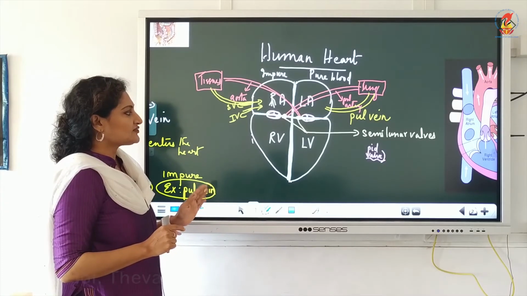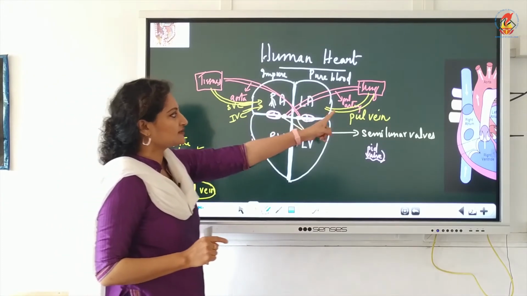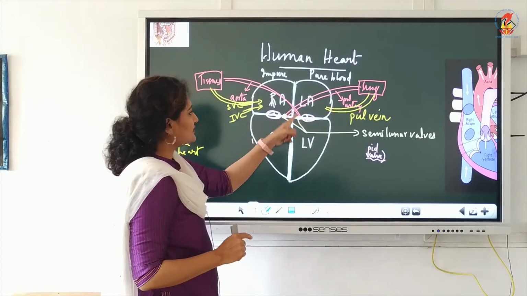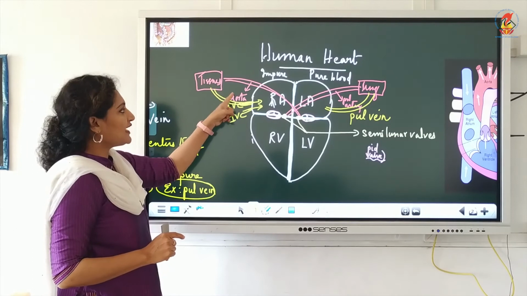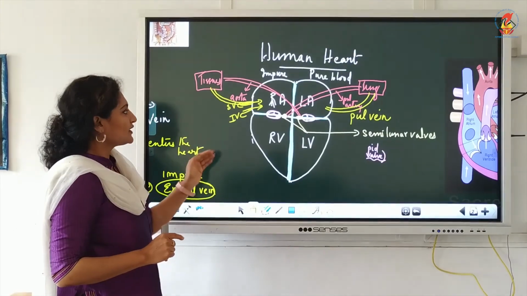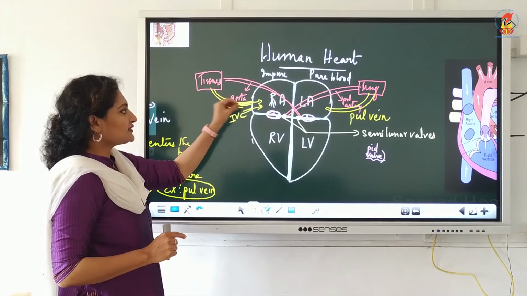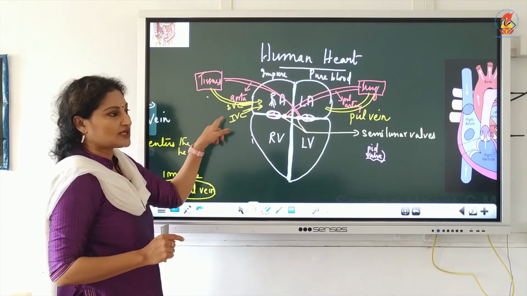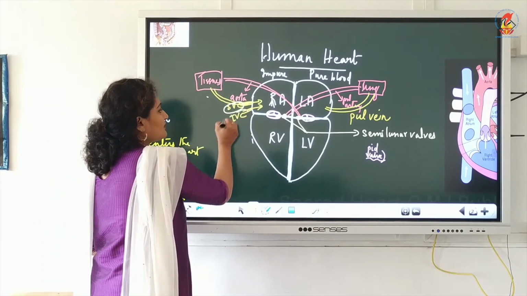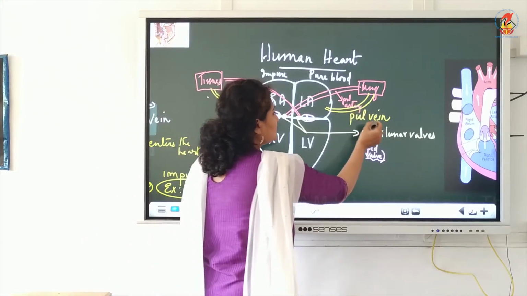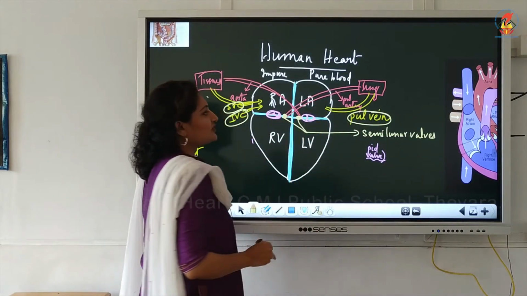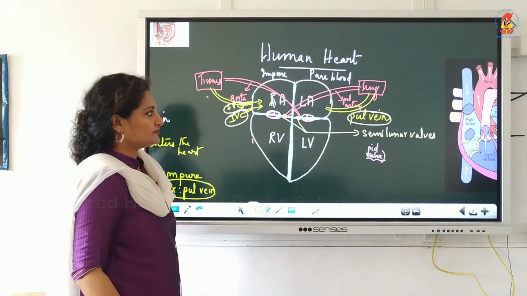The artery that arises from the right ventricle and goes to the lungs is called the pulmonary artery, whereas the artery that arises from the left ventricle and goes to the tissues is called the aorta. Now the veins that enter the right atrium from the different tissues are the superior vena cava and the inferior vena cava, and the vein that drains the blood from the lungs to the left atrium is the pulmonary vein.